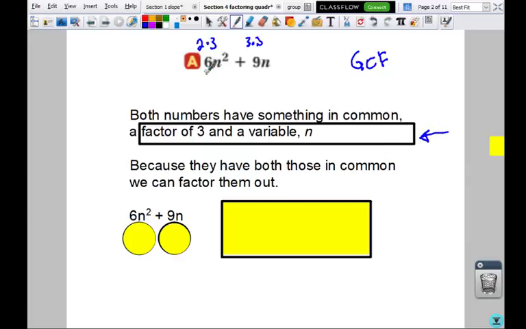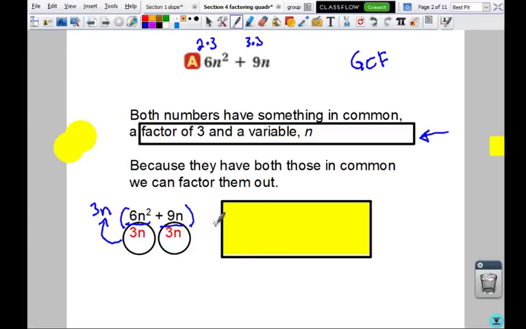Okay, so we're going to take out our greatest common factor, this 3n, and it's kind of like dividing. So it's kind of like I'm dividing by 3n on everything. So it's like I'm going to divide it out, except I'm not going to get rid of it completely. I'm going to put it out in front here, and I'm going to put what I have left inside parentheses.